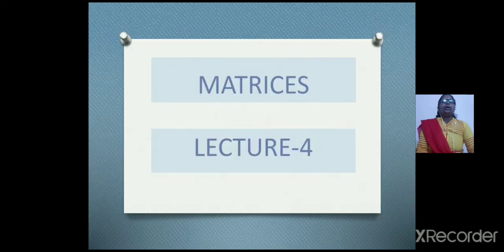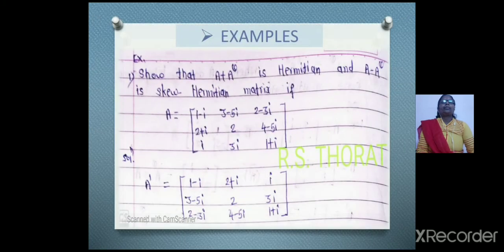Now, I am going to discuss with you some examples. First example is, show that A plus A raised to theta is Hermitian and A minus A raised to theta is skew Hermitian matrix, if A is a square matrix of order 3 by 3.